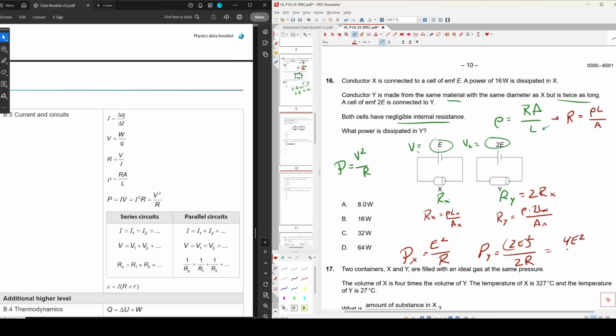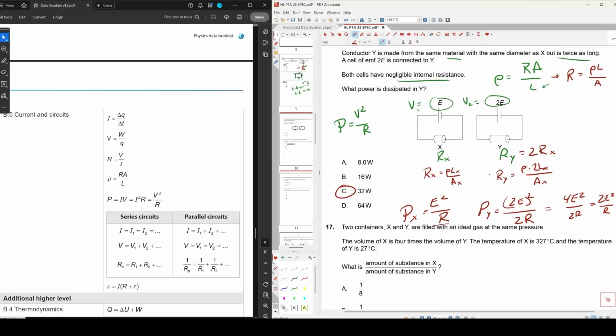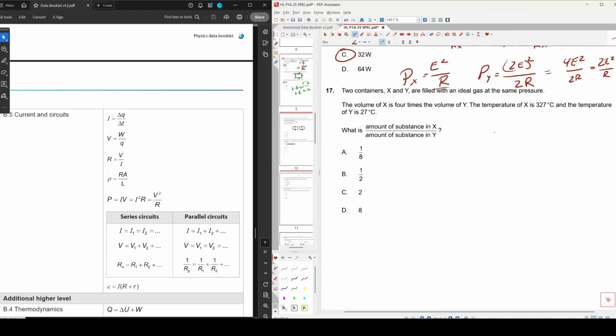So I've got 4E squared over 2R, which is 2 times as big as X. So double the power dissipated in X. The power dissipated in X was 16. So this has to be C, right? 32 watts. Okay, multiple ratios happening there. That one takes a while.